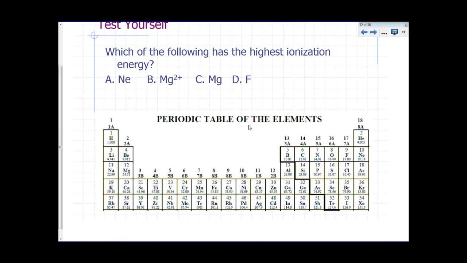Which of the following has the highest ionization energy? Let's see. Neon, magnesium with a +2, and then you have magnesium, just plain magnesium, and fluorine. First of all, going left to right, increasing ionization energy, so you can rule out fluorine, right?